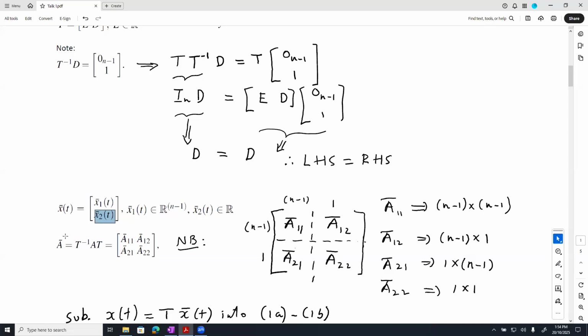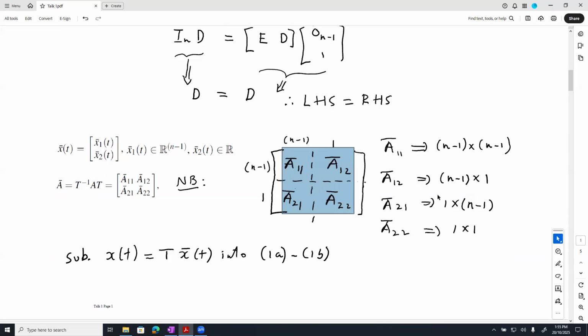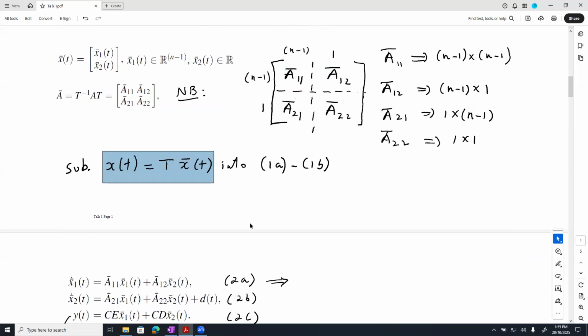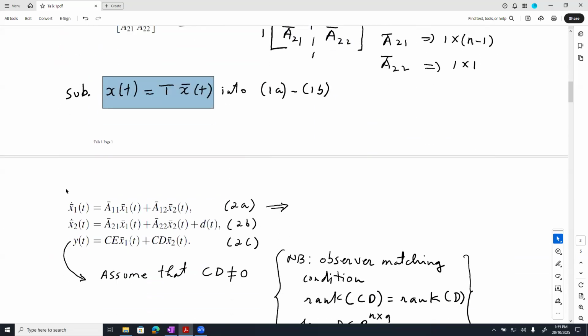Furthermore, by defining a matrix A bar, which is T inverse A T, and partitioning it according to the following submatrices, we can substitute this transformation matrix T into the original equation. If we do that, we obtain the following equations.